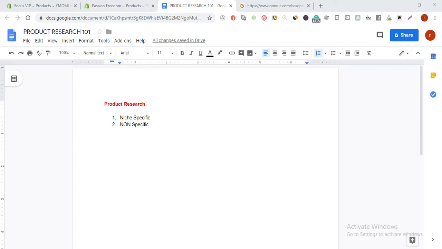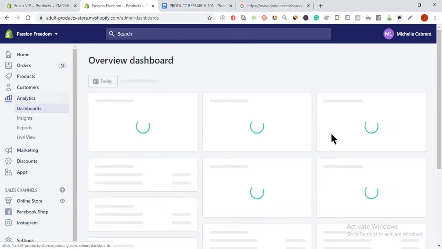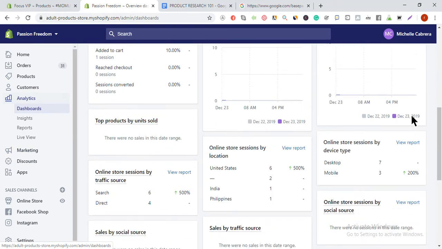There are ways to search for new products or ideas or niches. Let's say you have a niche specific store, right? So let's check the store data. If you have access to the store data, all you have to do is go to analytics and then go down.